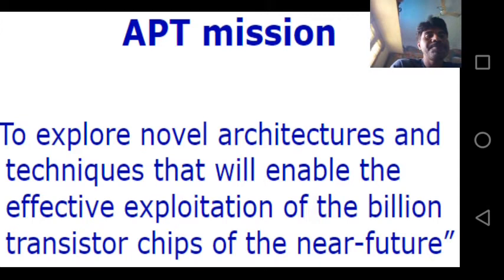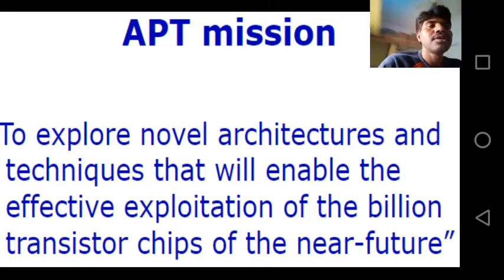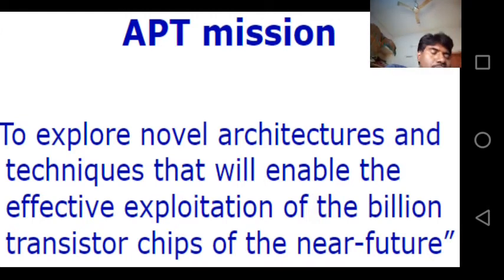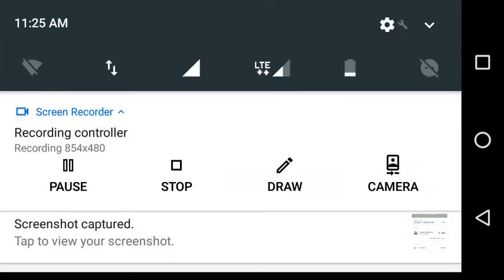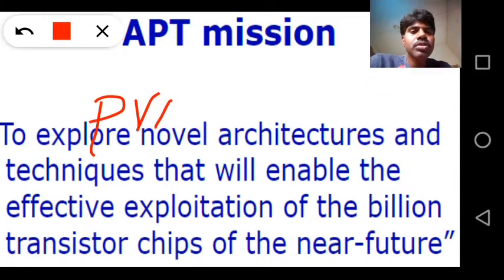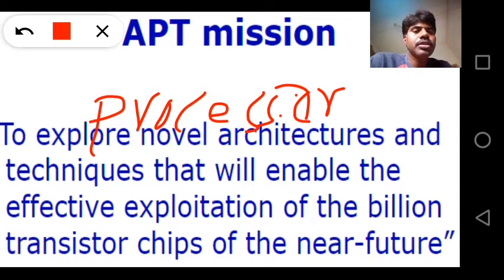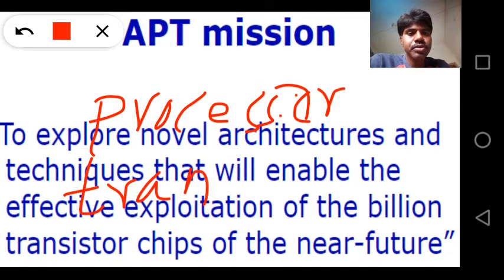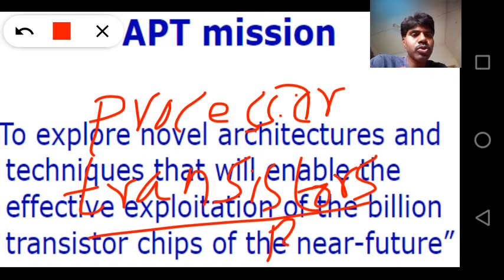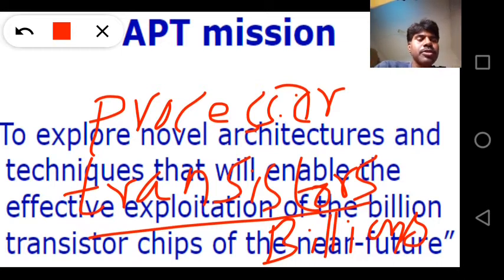So remember, these billions of transistors are very useful because while designing a processor, it is designed with a number of transistors, and those numbers belong to some billions of transistors used to design a processor chip.